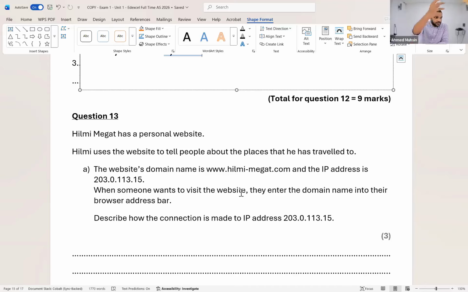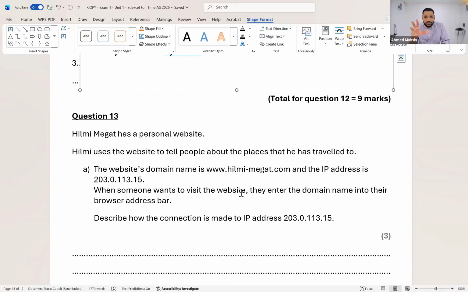Your web browser will send this domain name to the DNS server looking for its IP address. Is it clear? What will your DNS server do? Before that, your DNS server will have a database of domain names and IP addresses, right? Once your DNS server receives it, what does DNS stand for?